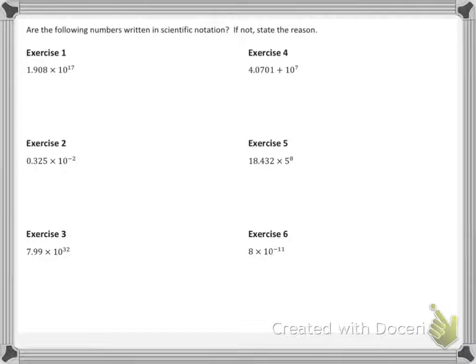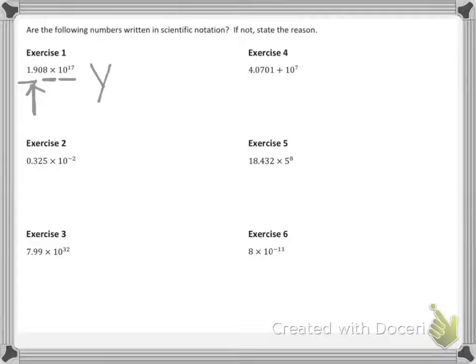That means we're going to have one digit before the decimal. You can see here on the first one we have a 1 and then the decimal. The trailing decimals can be anything, and it doesn't matter. Times, this is good, times 10 to some power. So this is a yes.